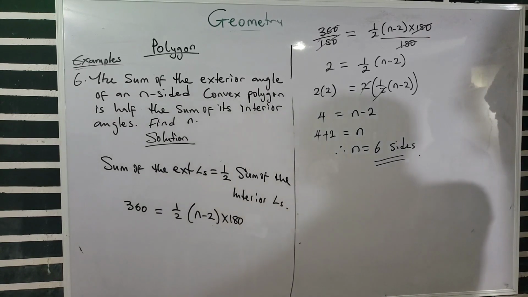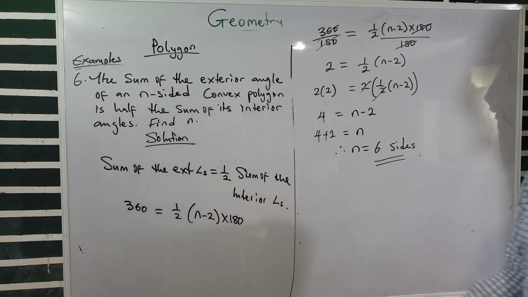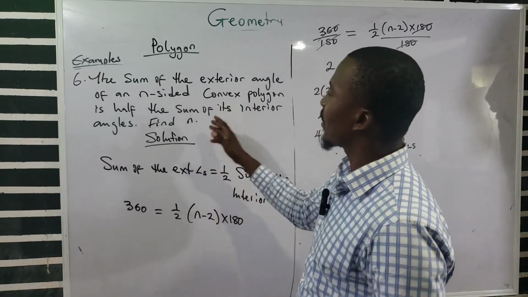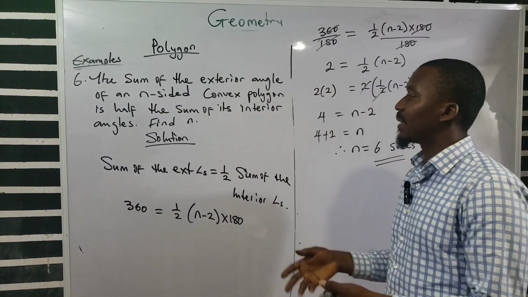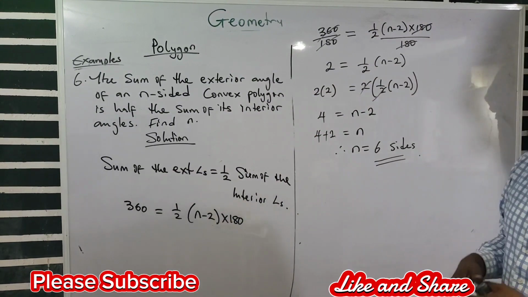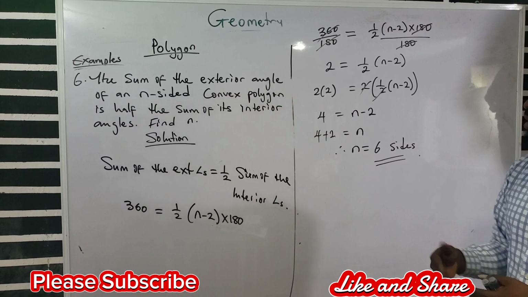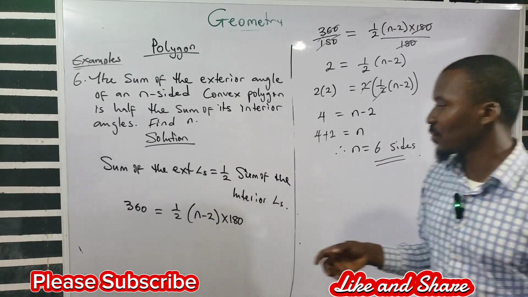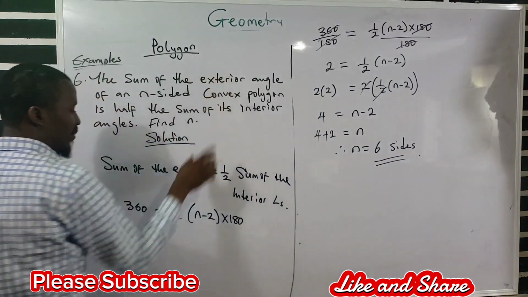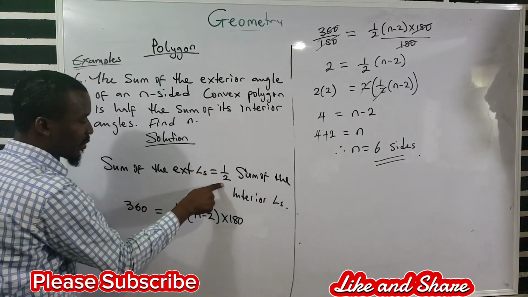So you can see how simple that question is. Let me explain that again. You are told that the sum of the exterior angles of an n-sided convex polygon is half the sum of its interior angles, and you're looking for the number of sides. What are you going to do? Interpret this as a word problem, so change it to mathematical form.